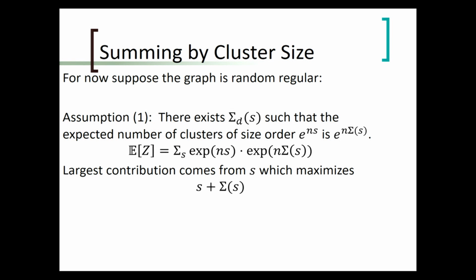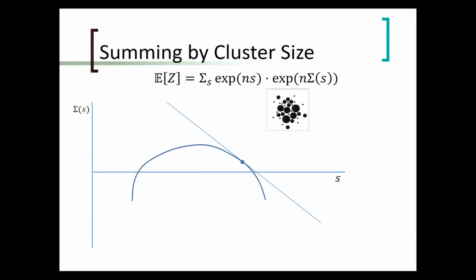For this function sigma that we haven't proved exists, and we also don't know what it is, we're interested in maximizing s plus sigma of s, and so equivalently, that's the point at which the derivative of sigma will be minus 1.